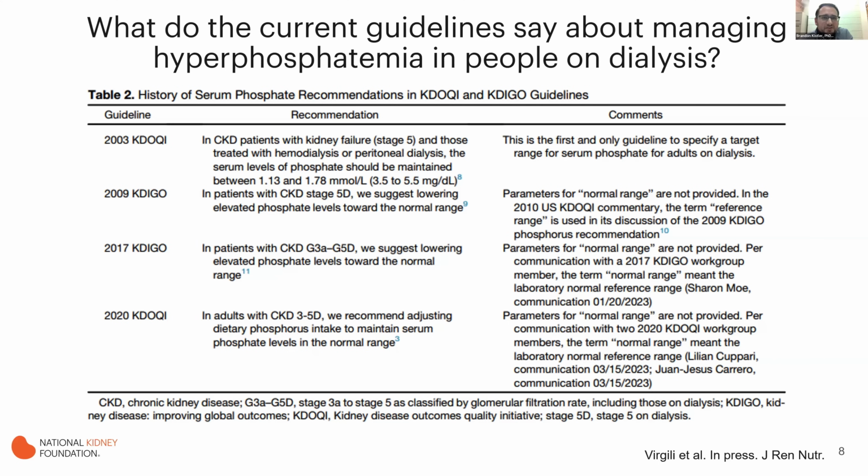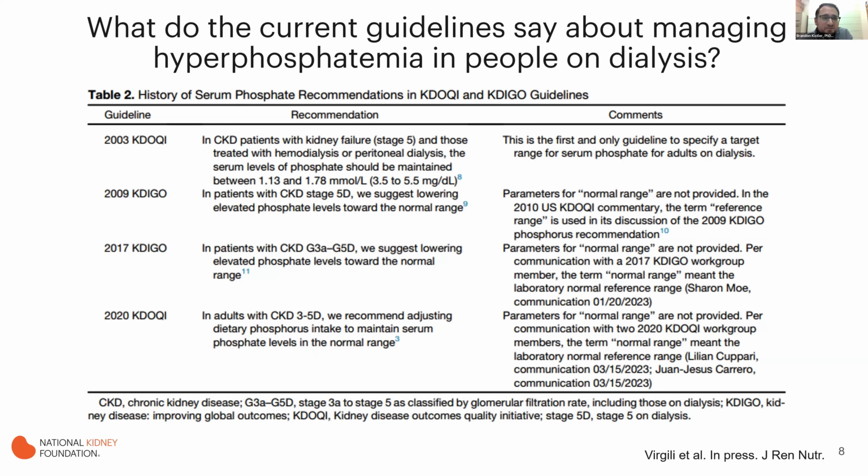You can see at the top here, the 2003 KDOQI guidelines outlined this target of 3.5 to 5.5 milligrams per deciliter. And over time, that's evolved to this language that includes the normal range. You can see here on the right, that normal range is intended to meet the standard reference range, which can vary, but is generally 2.5 to 4.5 milligrams per deciliter.